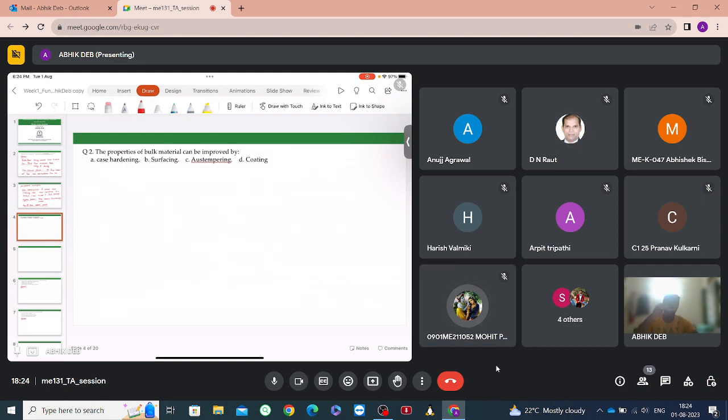Okay, surfacing. So what is surfacing? Can you just give a brief idea about what surfacing is? Does anyone have any idea about these processes, like case hardening? What is case hardening? What is surfacing? What is tempering? And what is coating?